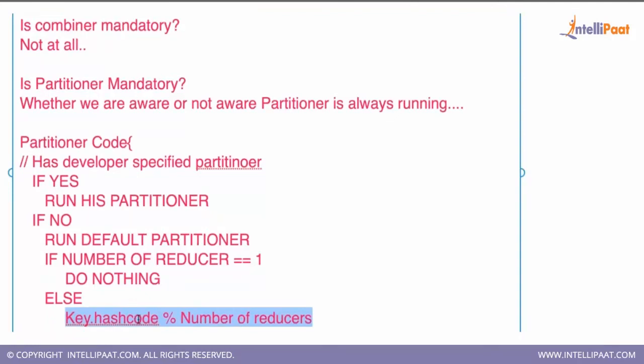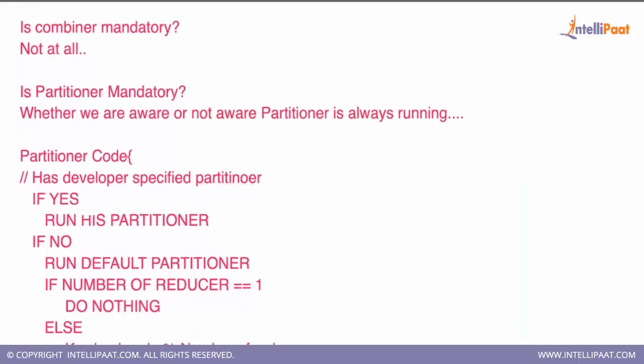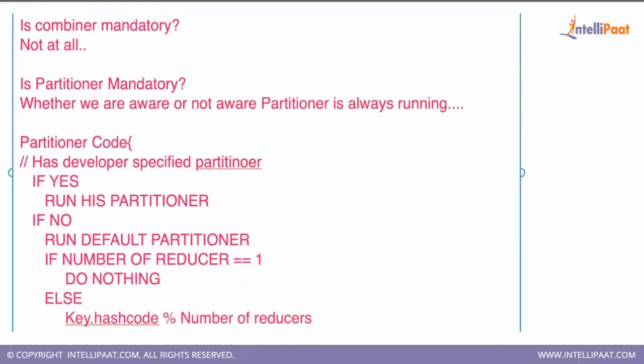See, let's understand. This is the key algorithm. Let's say you have the number of reducers as 6. Hash code is any number, right? So any number modulo 6. Can you tell me the possible outcome? It's 0, 1, 2, 3, 4, 5.